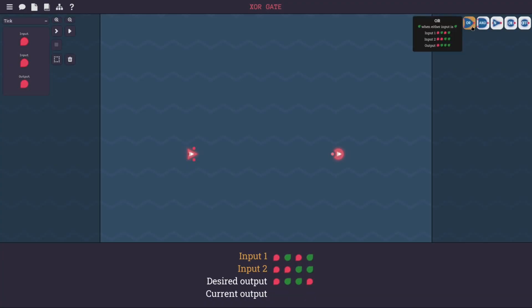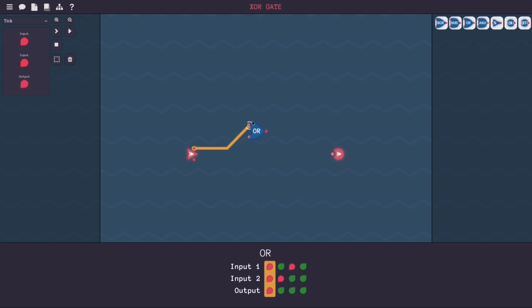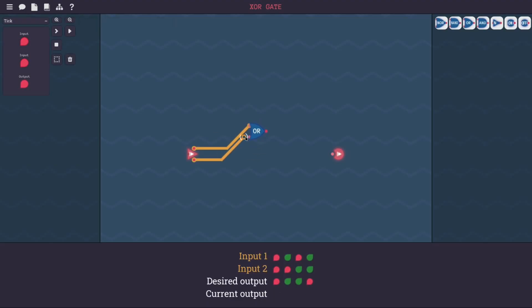If you remember the OR gate, it's on if either of them are on, right? But the XOR is if either of them, but not both of them, see? So in here, it's the same as an OR gate for most of it, right? But it's different when these are AND, right?